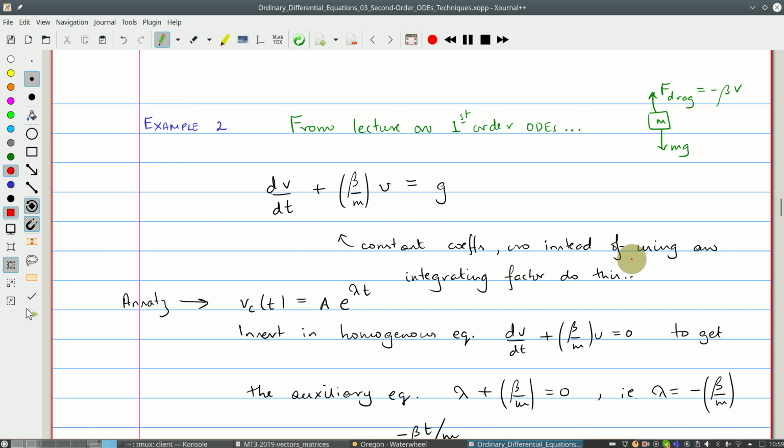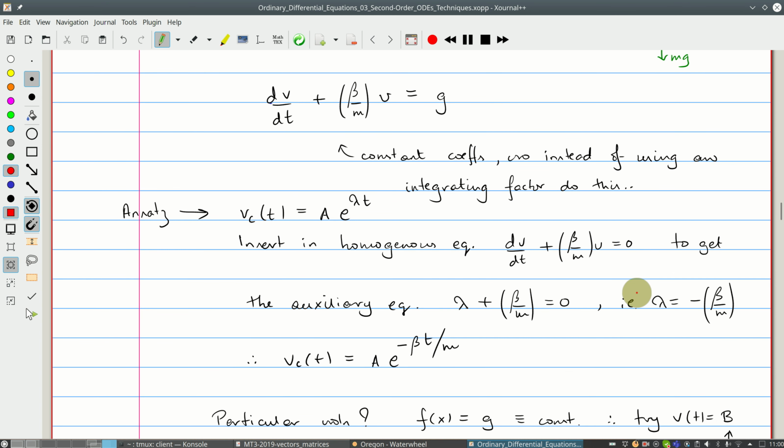Now, what we did when we solved this, we used an integrating factor. But here we're going to use this ansatz that the complementary solution is given by a times e to the lambda t. The independent variable is not x, it's time. So that's lambda times time. We put this into the homogeneous equation. The homogeneous equation is found by setting the source function, which is g in this case, to be 0.